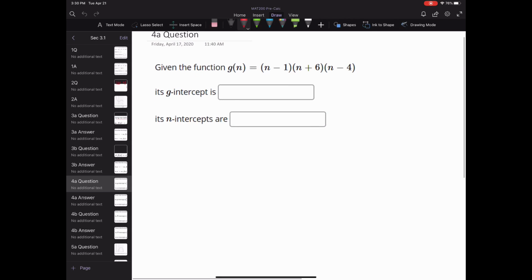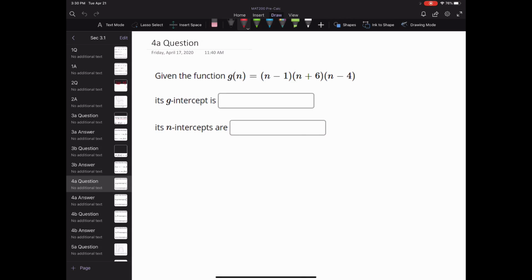Okay, given the function this, n minus 1, and so on, its y-intercept is, now you have to remember, this is really like saying y, right? So when they want to know the y-intercept, they really want to know what the y-intercept is.